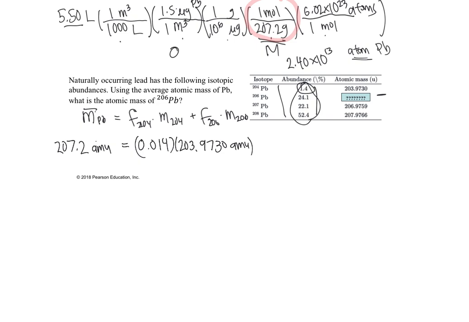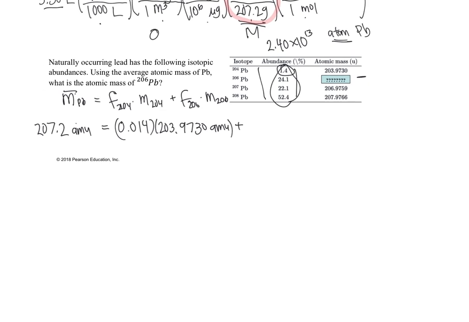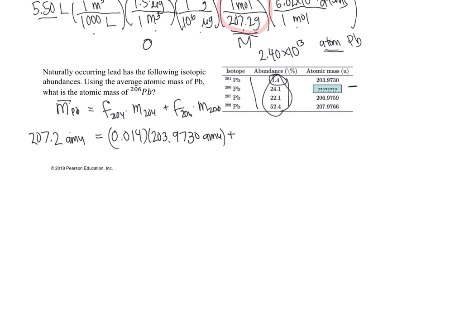Plus, the next one is lead-206. Its abundance is 0.241, because we divide by 100, times the mass.